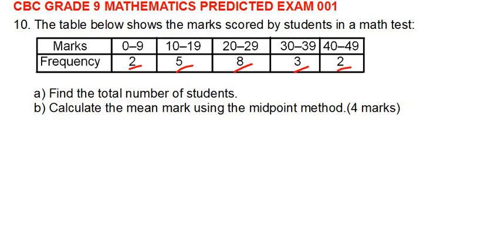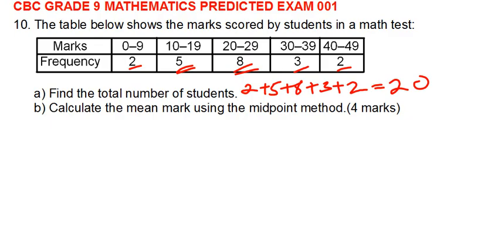So it is 2 plus 5, we get 7, plus 8, 15. You can show your working like this: 2 plus 5 plus 8 plus 3 plus 2 is equal to 20. So there were 20 students who did that particular exam.